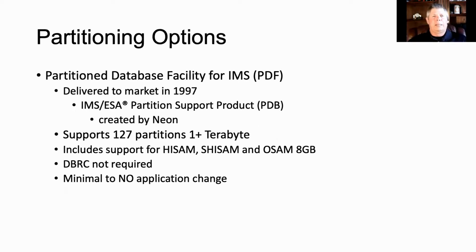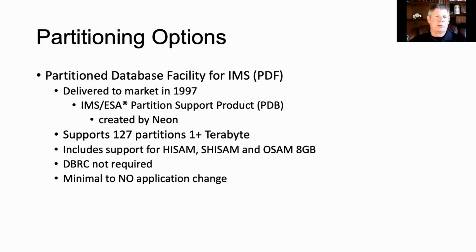So the next area I want to cover is the partitioning option. In partitioning, there's a product that currently is called Partition Database Facility for IMS. It was actually delivered to the market back in 1997, and it was called IMS ESA Partition Support Product, which was created by Neon for IBM.